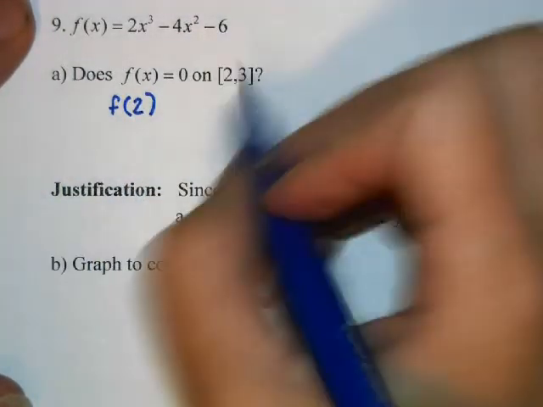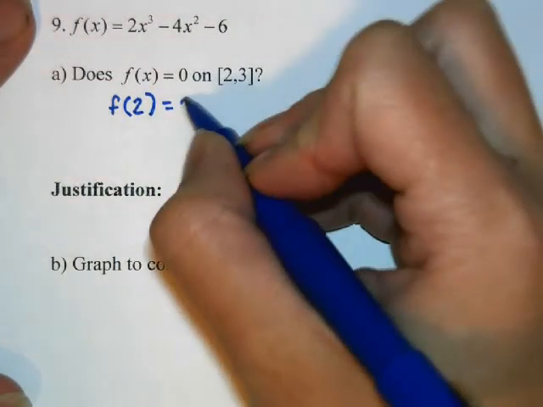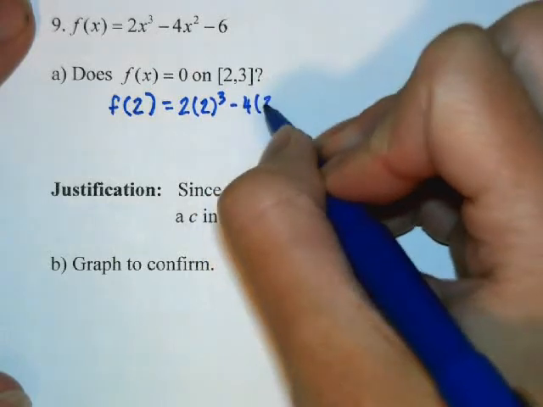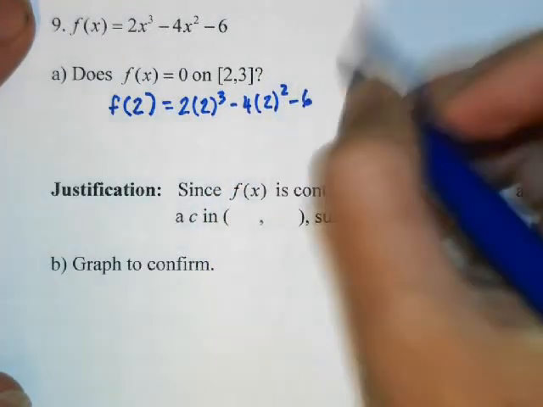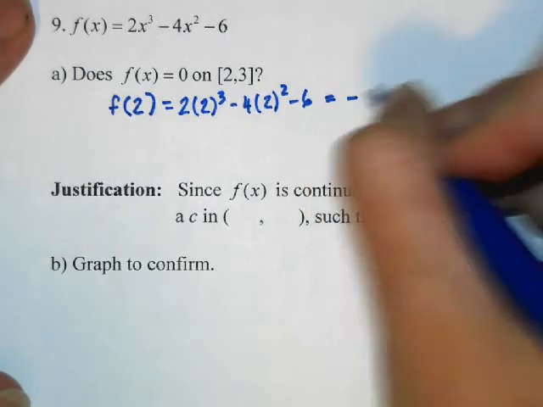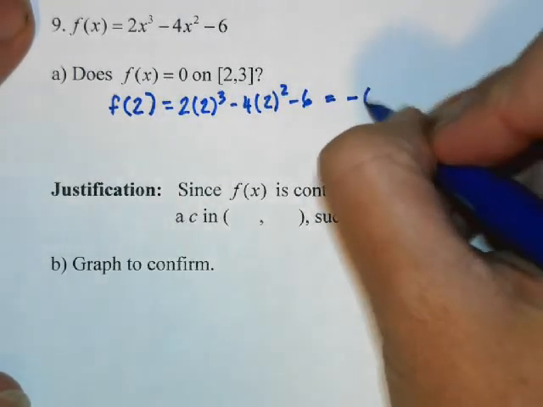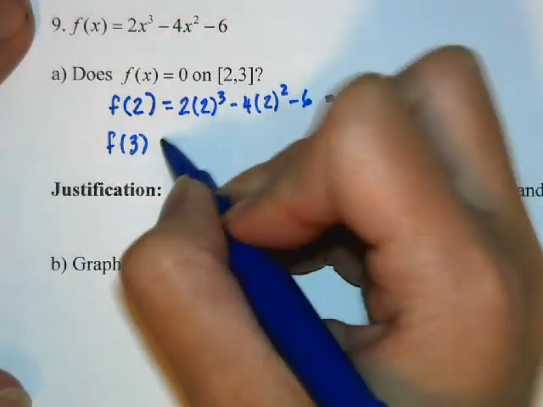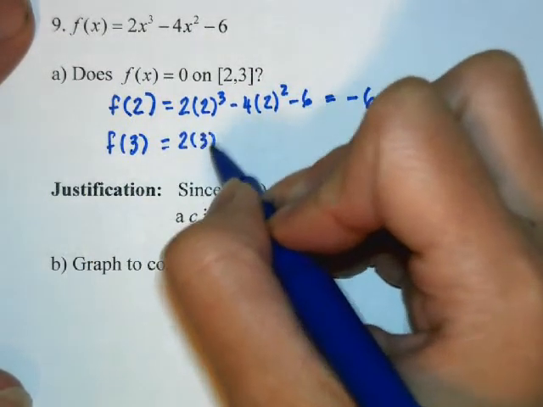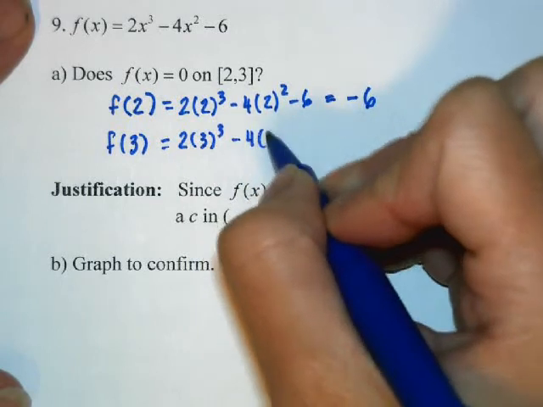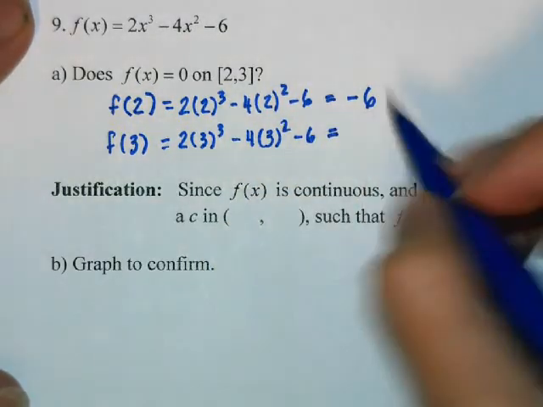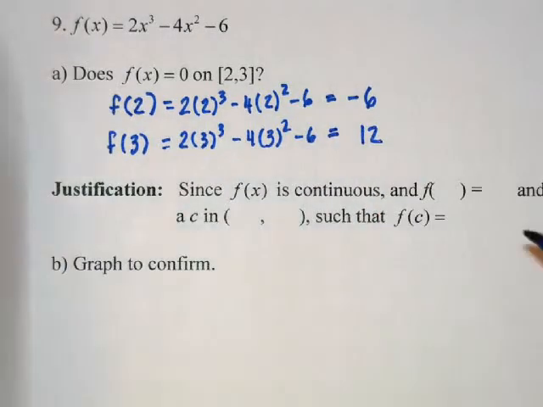So I plug in 2, we're going to get 2 times 2 cubed minus 4 times 2 squared minus 6, which is going to equal negative 6. If we plug in 3, if you plug that into your calculator, you're going to get 12.